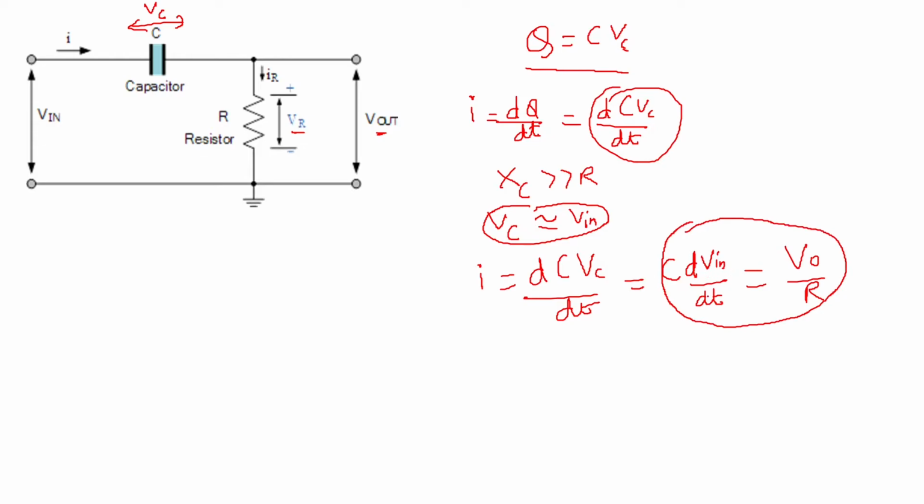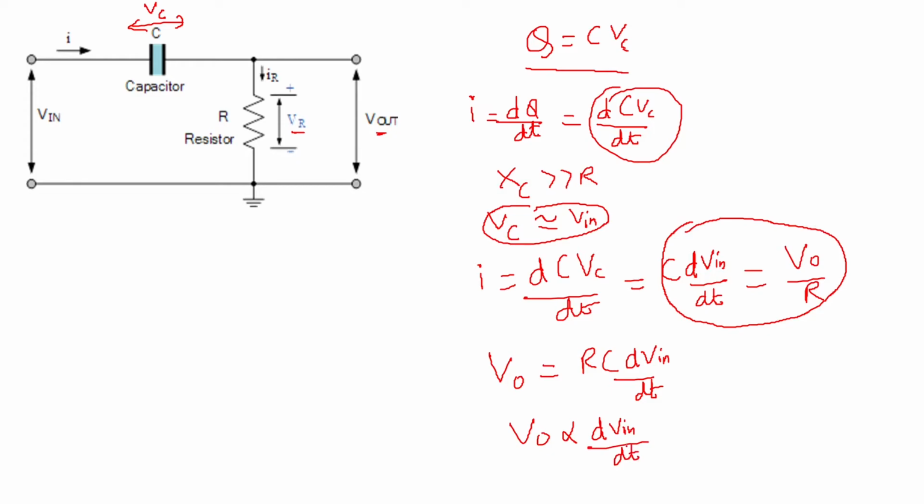From that relationship, Vout is equal to RC dVin/dt. That is, in this expression, Vout is proportional to the derivative of the input with respect to t.